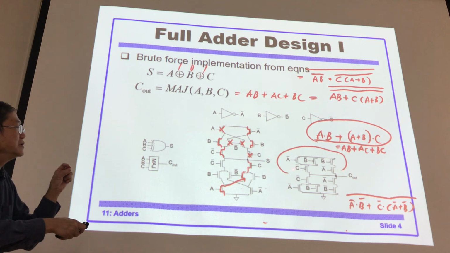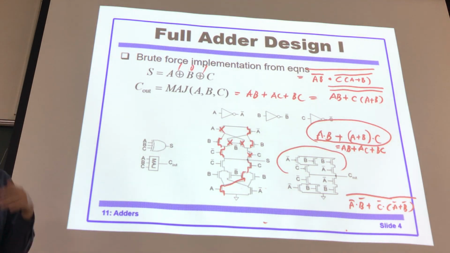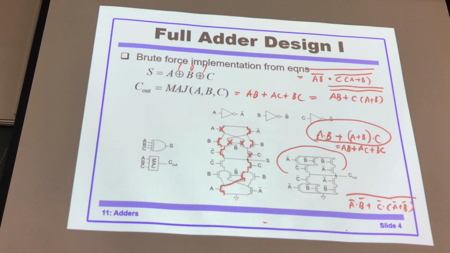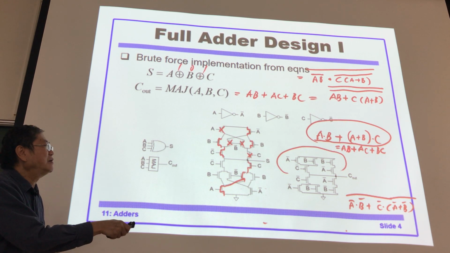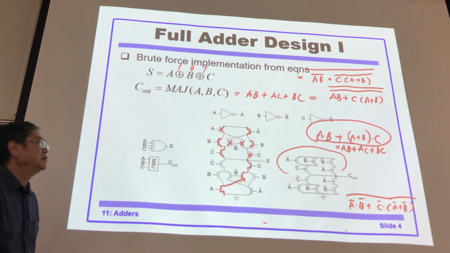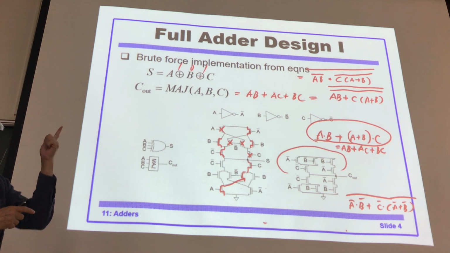So if you don't use A bar, B bar, C bar but use A, B, C, it means we are doing minority voting. Okay? So it's the same circuit, the difference is that you don't use A bar, B bar, C bar but just A, B, C, and that will give you the minority, meaning nobody or only one says yes.